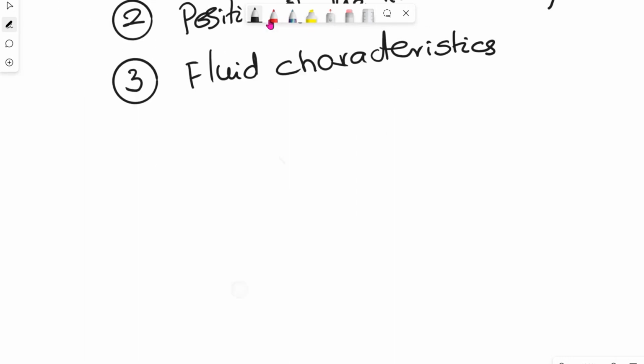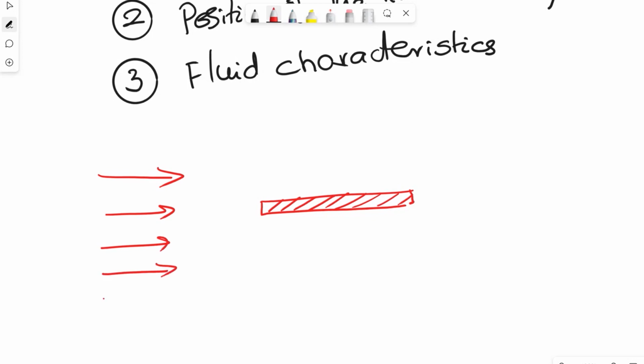For example, let us take the first one. I have taken a plate like this to understand the relative contribution. Now this is how the flow will be. First case, I have taken a flat plate.